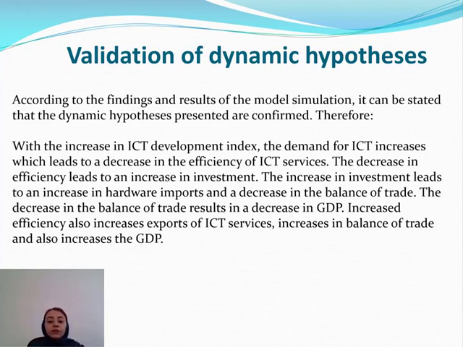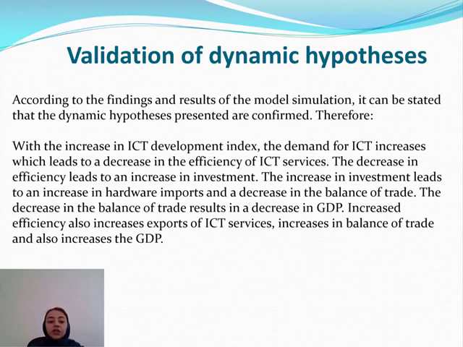According to the findings and results from the simulation of the model, we can state that our dynamic hypotheses are confirmed. It means that with increasing ICT development index, demand for ICT increases, and it leads to a decrease in the efficiency of ICT services.